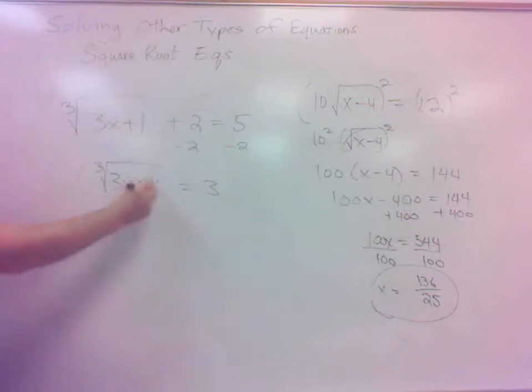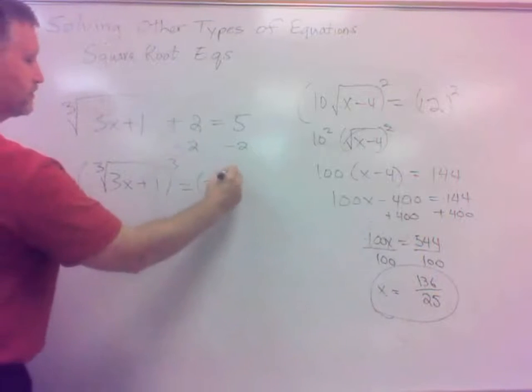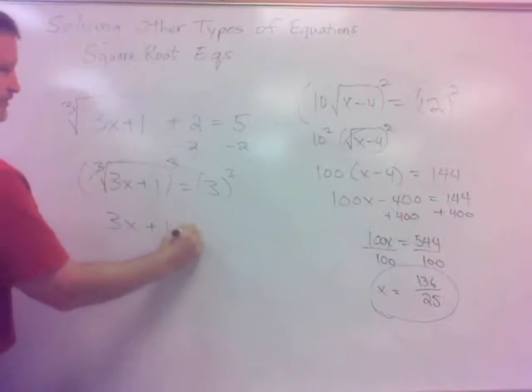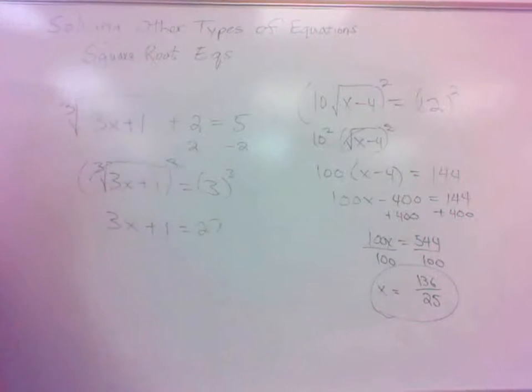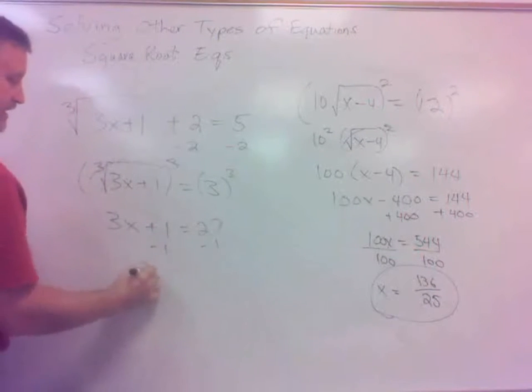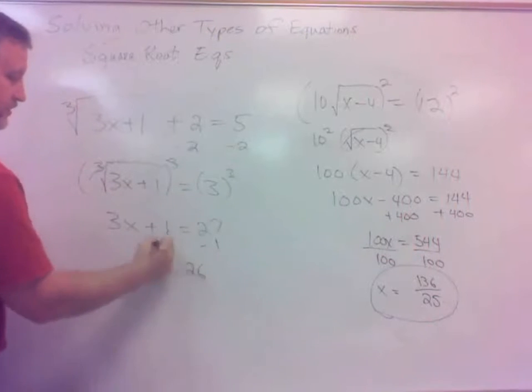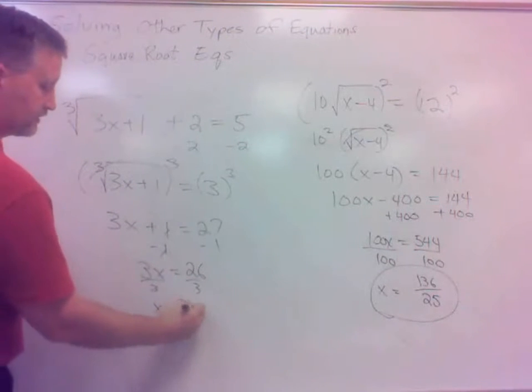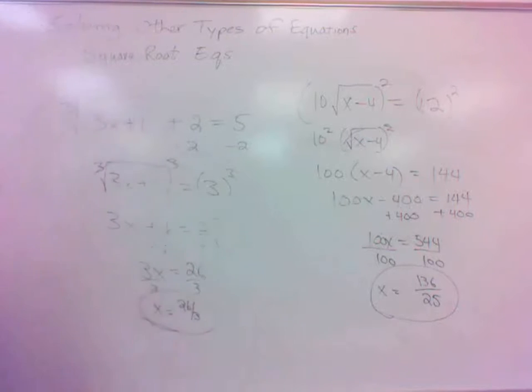Then we cube both sides. And the cube and the cube root cancel, so we have 3x plus 1 equals 27. Then just solve that out. 3x, subtract 1, so we have 3x equals 26, don't we? Divide by 3. 26/3. Leave that.